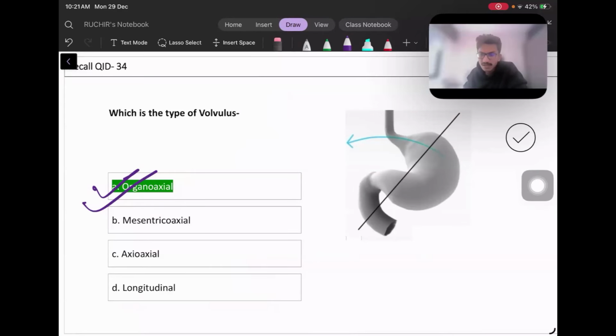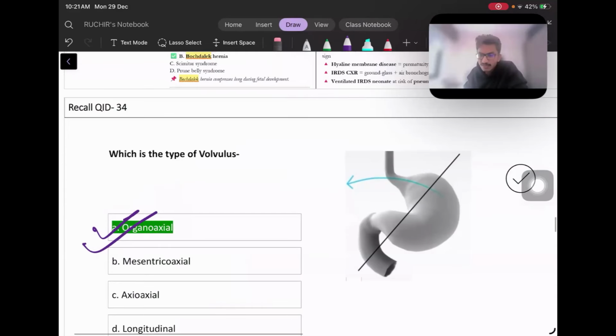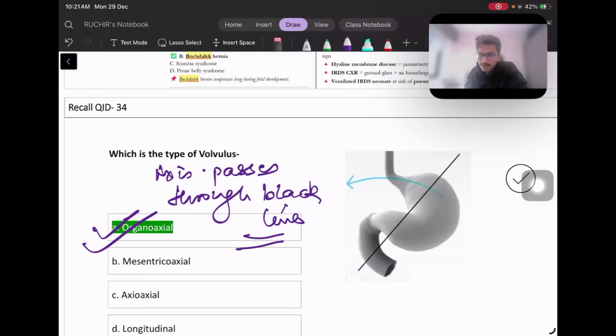So I think it was saying the axis passes through the black line. Okay, the axis passes through the black line. No, the Sabiston 21st edition image is incorrect. We have corrected it; we have discussed multiple times over the last few years that the Sabiston image is incorrect, so it is given in reverse.